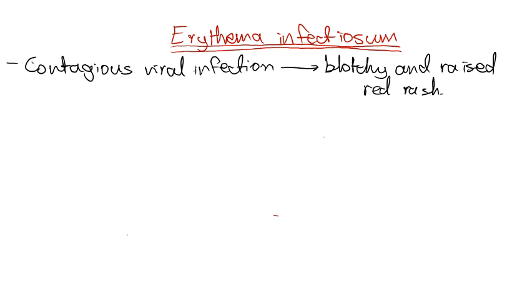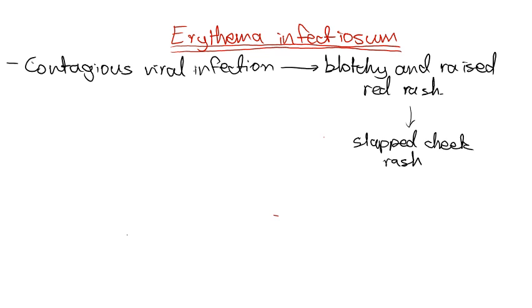The interesting thing about this rash is that its morphology, or its shape, is in the form of what we call a slapped cheek rash. And this is quite a violent method of describing the shape of this rash, but essentially the slapped cheek rash is the morphology type that usually presents on the face.